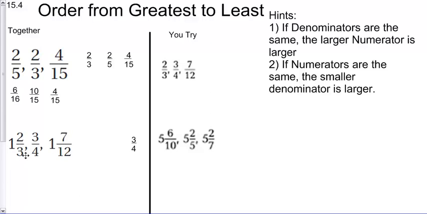So we've got to figure out now which one's bigger, 2/3 or 7/12. Well, the least common denominator is 12. Because if I count by 3s and 12s, the smallest number they have in common is 12. So how do I get from 3 to 12? Well, I multiply by 4. So I have 8/12.